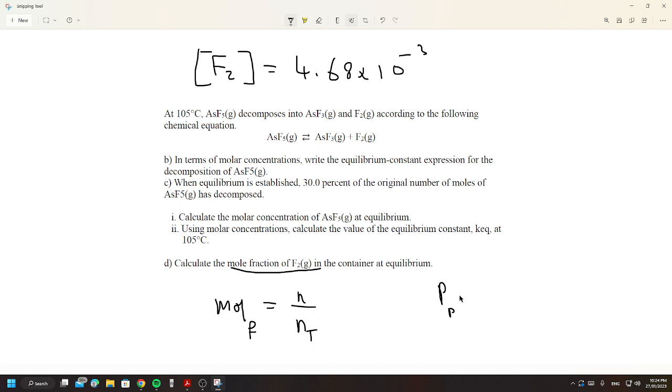But here we're not given any pressure, so let's not use this formula.